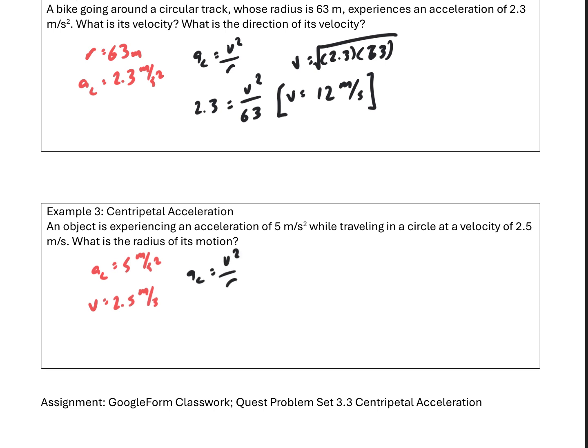So solving for r, do this way for a second. r is just going to be v squared over a sub c. 2.5 is my velocity, and then my centripetal acceleration is 5. Throw that in the calculator. You should get a radius of about 1.25 meters for the circle that's going on here. All right, so not too bad here.